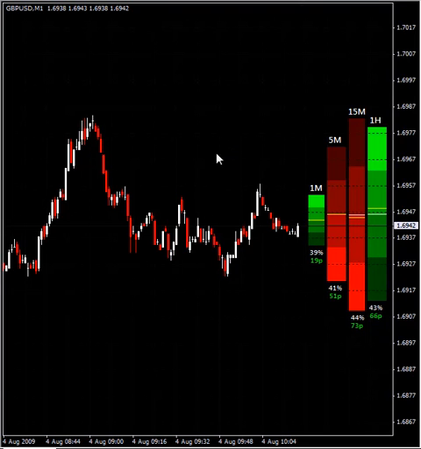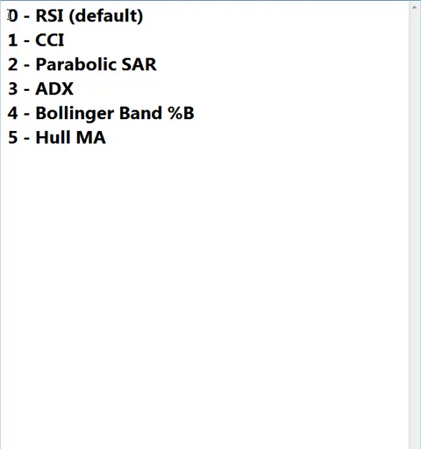Okay, we can change and choose the trend indicator from a list of indicators. The default one is the RSI.